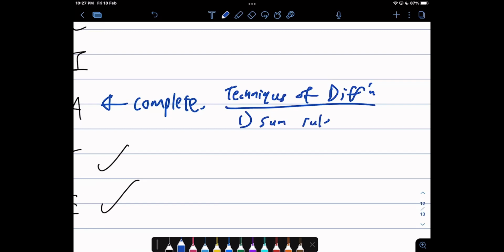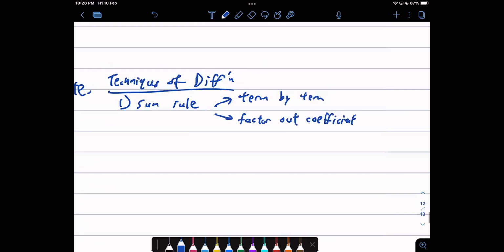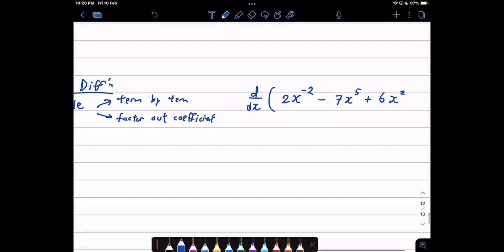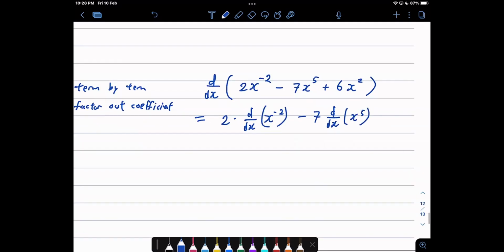Sum rule. Sum rule is do the derivative term by term, plus and minus separate out, and you can factor out coefficient. For example, derivative of 2x power negative 2 minus 7x power 5 plus 6x power 2. This is just 2 times the derivative of x power negative 2 minus 7 times derivative of x power 5 plus 6 times derivative of x squared.